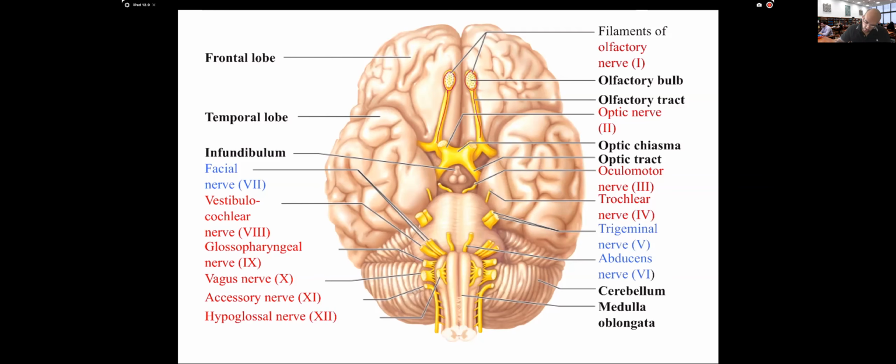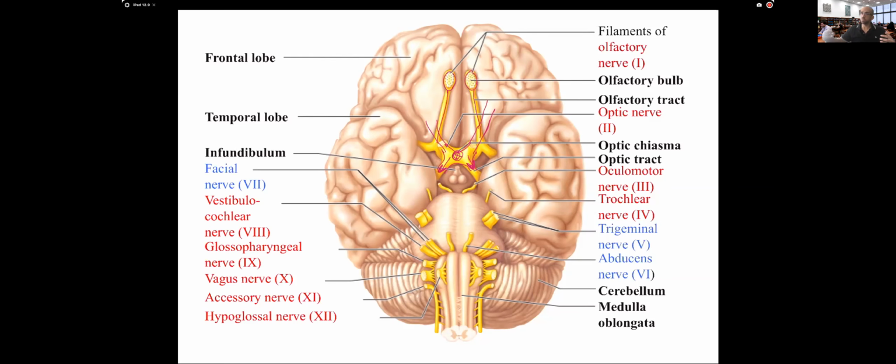Cranial nerve number 2, those are going to be my optic nerves that will fuse together and form the optic chiasm. We call this connection between the right and left optic nerves the optic chiasm.